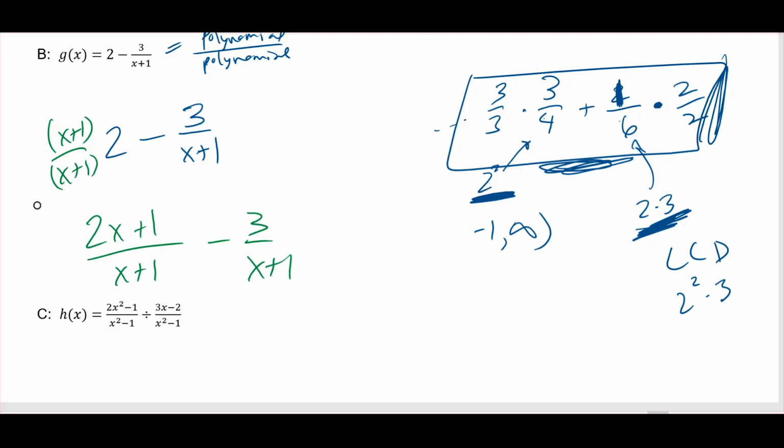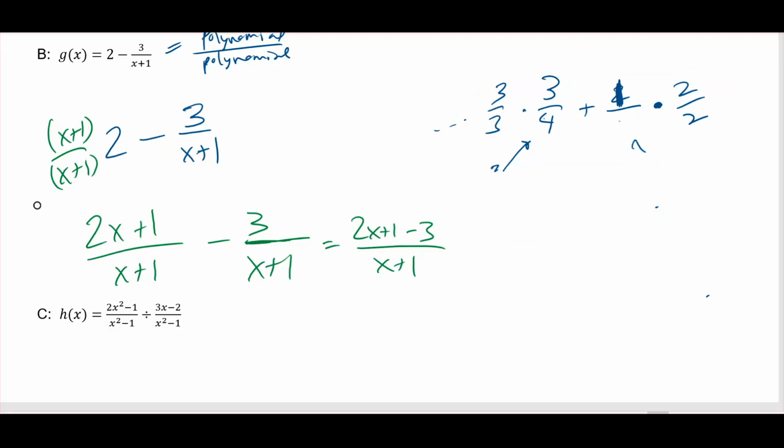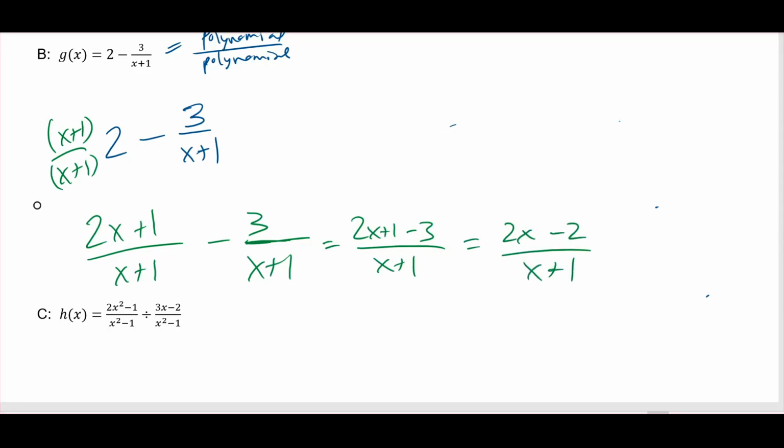But yeah, now we know that when we add fractions, we keep the common denominator and combine the numerators. So here we would have 2x plus 1 minus 3 over x plus 1. And we can simplify that. Right, we're going to have 2x minus 2 over x plus 1.